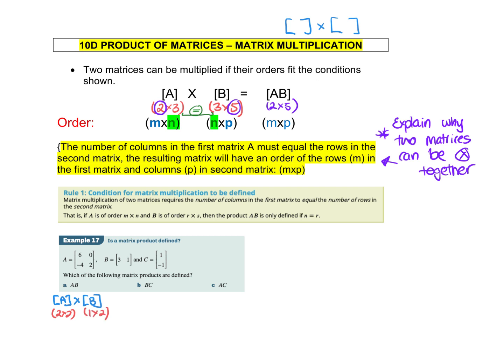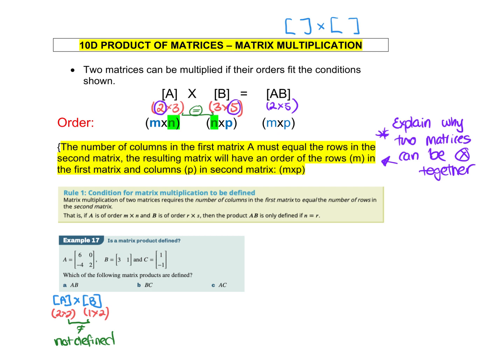Because these two are not equal, it's not defined. So they're asking which of the following matrix products. They may use the word product. That's another word for multiplied or times. Okay, so if they say that, that's what they're talking about.